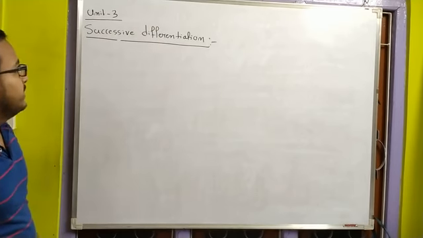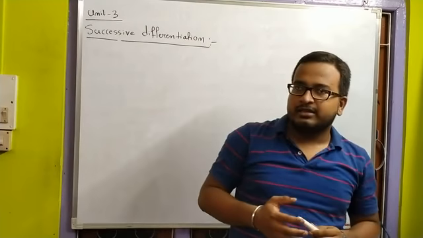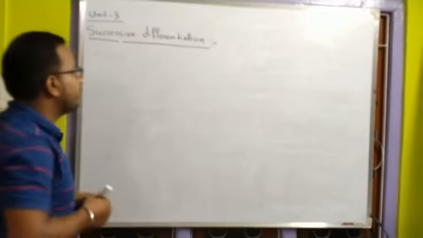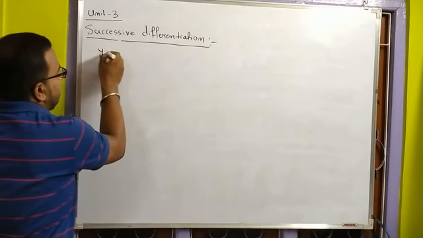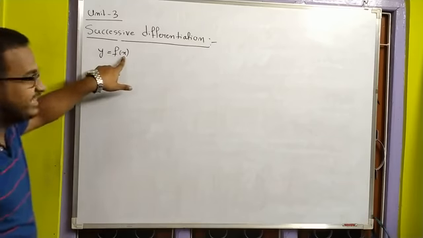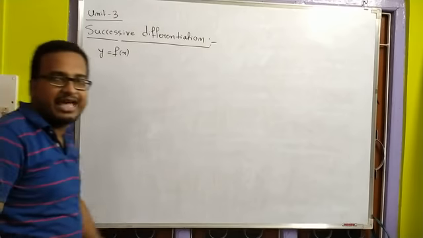Initially, in your high school level, we have already learned that to find the derivative we need a function, right? So suppose y equals f(x) is a function where x is the independent variable and y is the dependent variable under the function f.